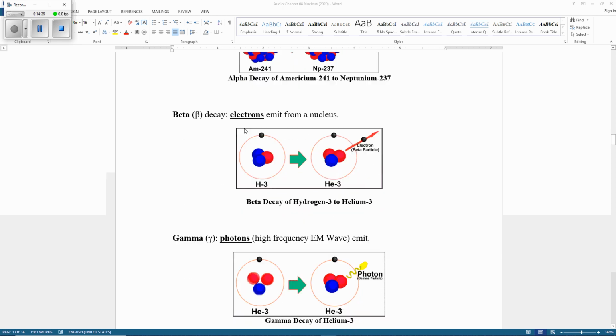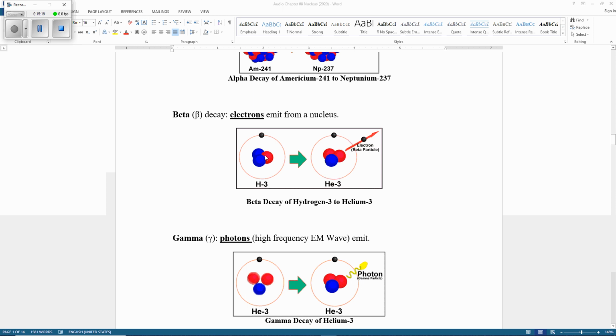Now the second one we call beta decay. When beta decay happens, you see electrons are released. These electrons come from inside the nucleus. That's very, very important. From inside. What happened is one neutron changes to a proton. Now here is an isotope of hydrogen. Remember, two neutrons and one proton.